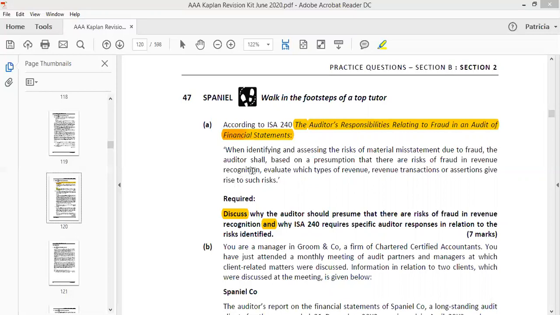So when identifying and assessing the risk of material misstatement due to fraud, the auditor shall, based on a presumption that there are risks of fraud in revenue recognition, evaluate which types of revenue transactions or transactions give rise to risk. So this is a statement from this ISA 240, which we've said is the auditor's responsibility relating to fraud in an audit of financial statement.